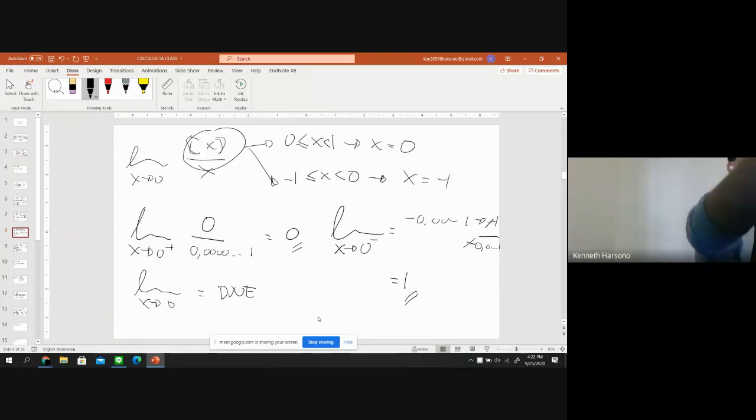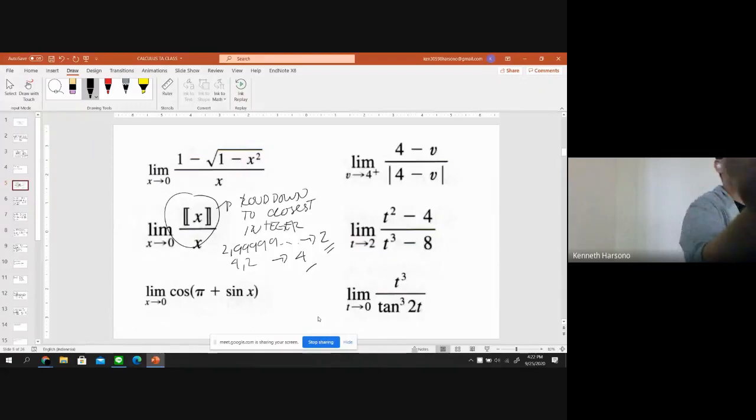Ah, so the sign here means that you have to round down to the closest integer. You understand it? So if it's 2.999, it becomes 2, something like that. So for the limit approaching 0, you have to check the left hand side and the right hand side limit to see if they're the same or not.